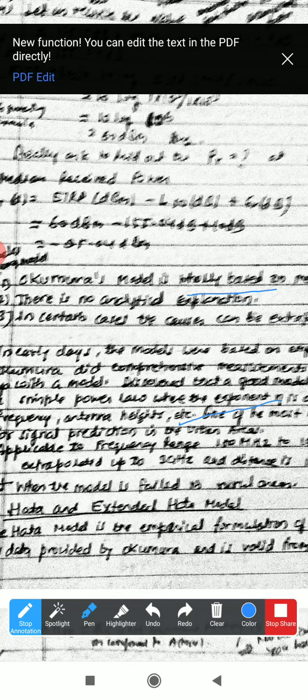In early days, the models were based on empirical studies, and Okumura did comprehensive measurement in 1968 and came up with this model.